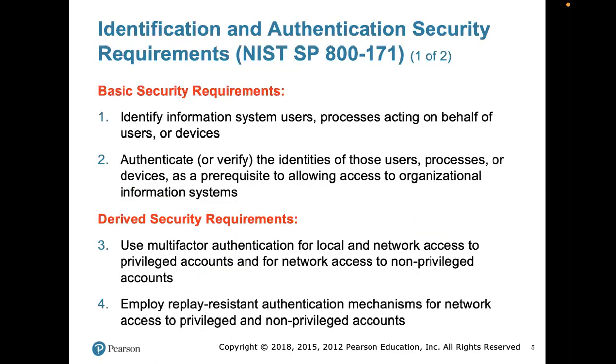Okay, so in continuation, again following the NIST definition, they have also listed a number of requirements for authentication. Two of them are called basic security requirements, and the rest are called derived security requirements. The first basic security property for authentication is this.